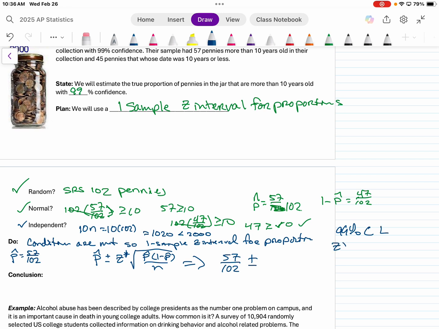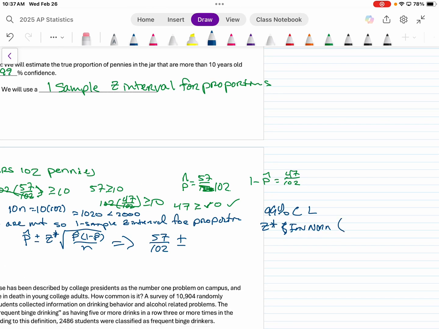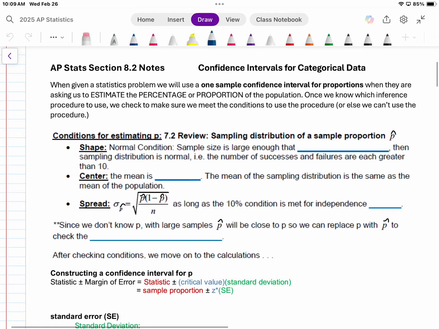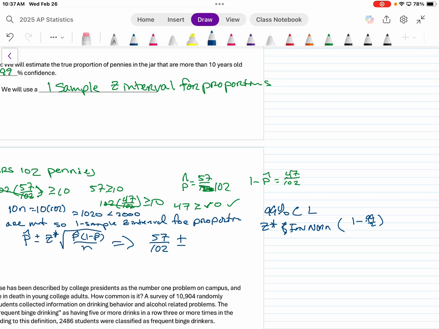So my z star would be basically doing an inverse norm of my area, which would be 1 minus 0.99 divided by 2. Now, you can find that off on the side if you want.